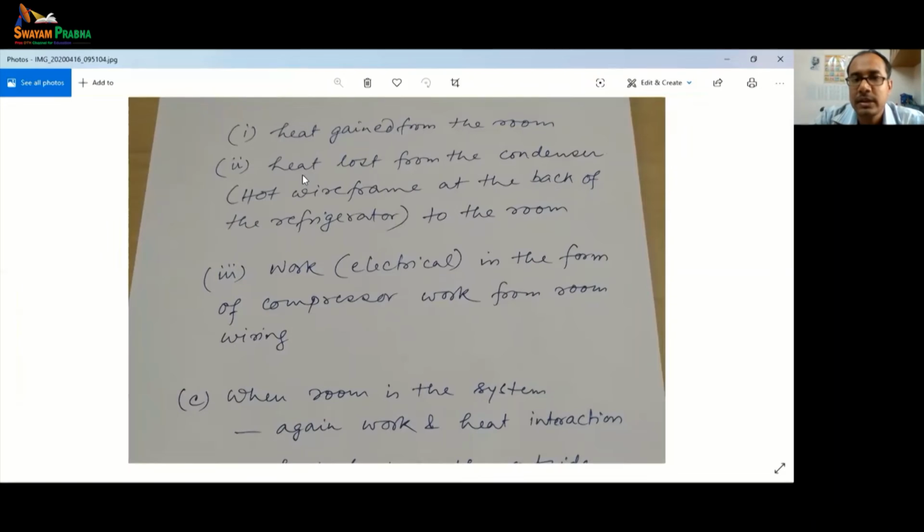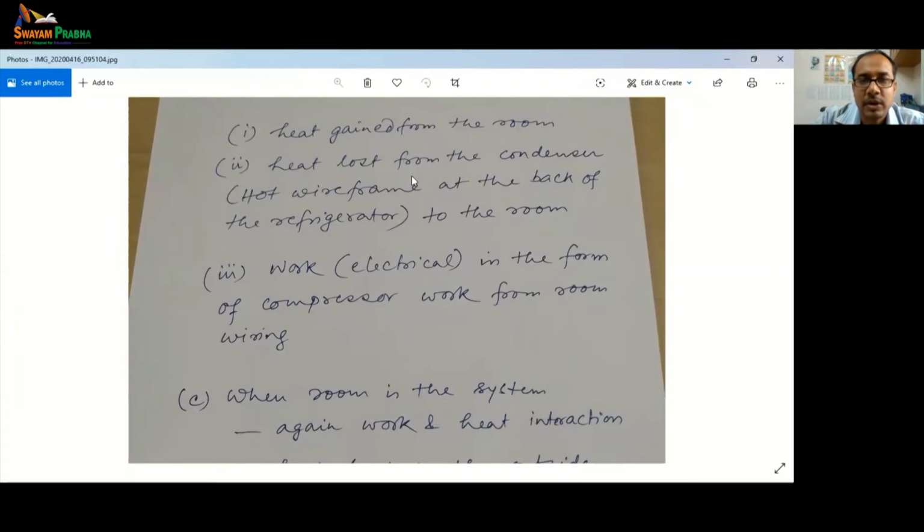Have you ever looked at the back side of your refrigerator, household refrigerator? You have a wire frame like structure, which if you touch it by hand, you will feel that it is hotter than the room temperature, because it is getting the heat that is extracted from the content of the refrigerator to the atmosphere or to the ambient.